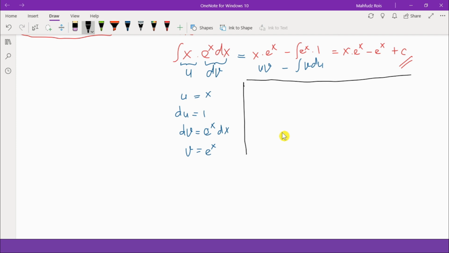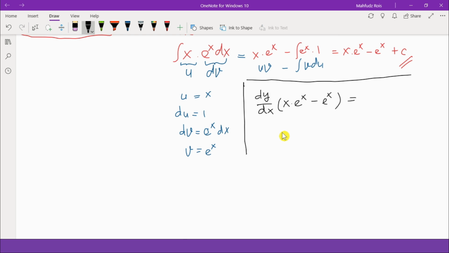So dy/dx of x times e to the x minus e to the x. This one you should remember, the derivative.